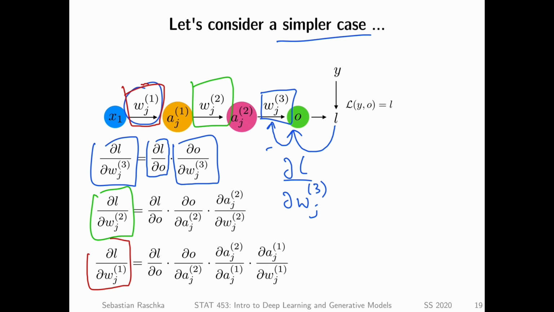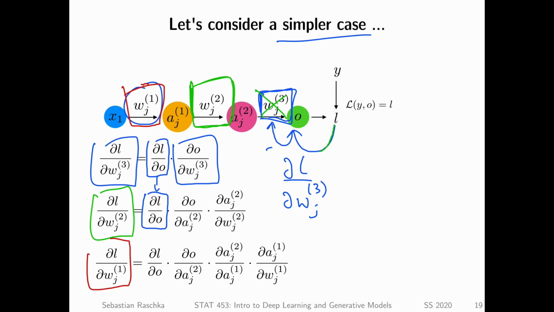But if we want to go back further, what we need is to make a small change where we can recycle certain things. So what we can recycle, well, the second one is this part. So we can copy this over. However, now we are not interested anymore in this weight. We are interested in the one that I have in the green box here. So for the second derivative, I don't need this part.